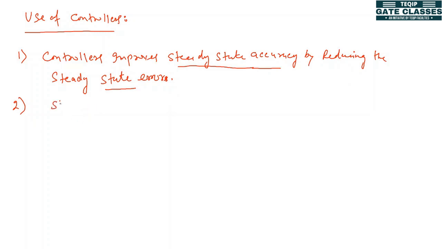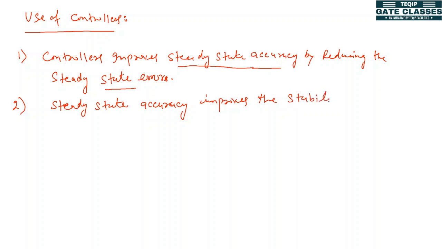So you can write: steady state accuracy improves the stability also. By the use of controllers, we can also minimize the maximum overshoot.